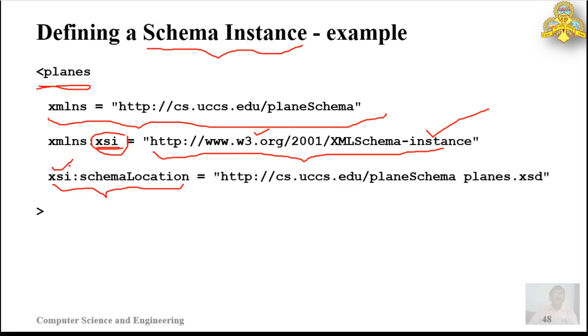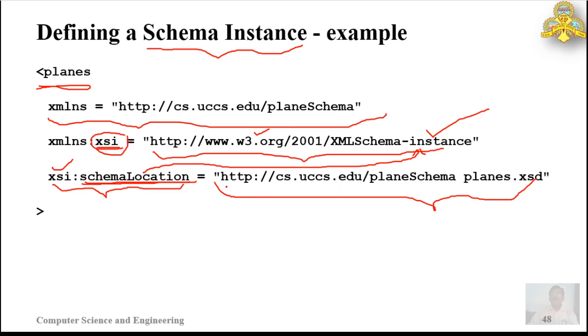Afterwards I will use the prefix xsi colon schemaLocation, and this schemaLocation is the attribute defined in the XML schema instance, so this definition is taken from this specific URI. So xsi colon schemaLocation is read here, that is two values: the plain schema namespace, and the next one is planes.xsd.